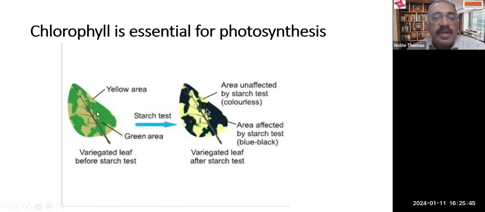There also, it is expected that the white colored area should not give any positive result, but the green colored area should give a positive test for starch. That is, it should convert into blue black, showing that the green portions have chloroplasts and can do photosynthesis, and that can produce starch. Otherwise, it is difficult for us to test the presence of glucose.